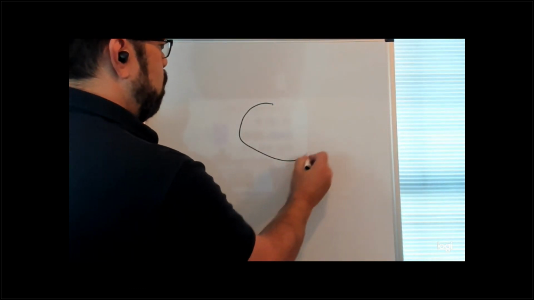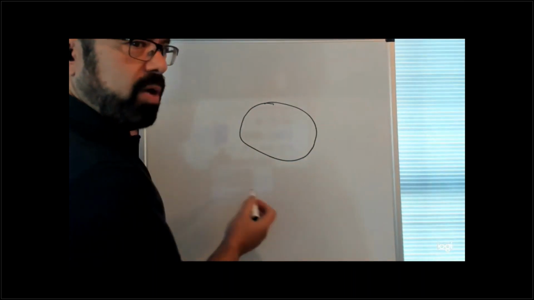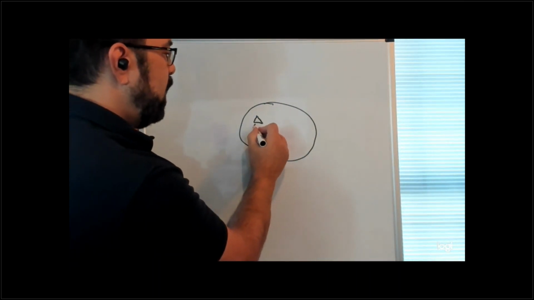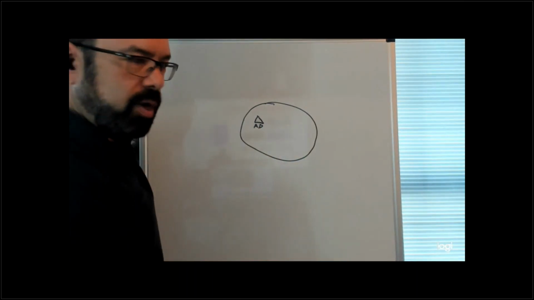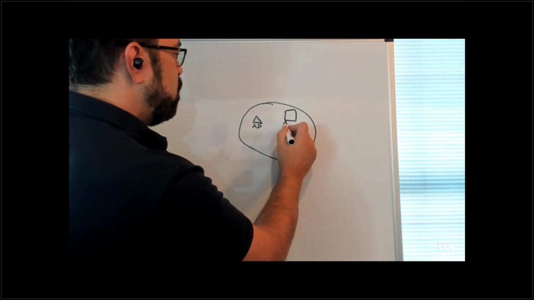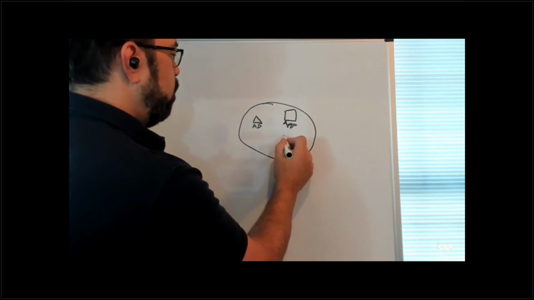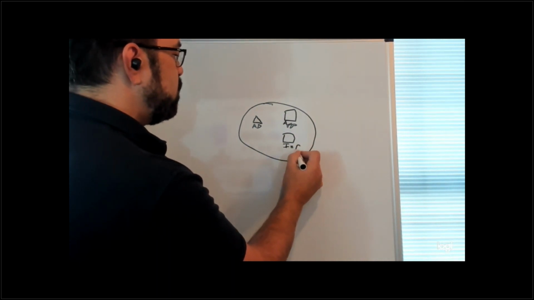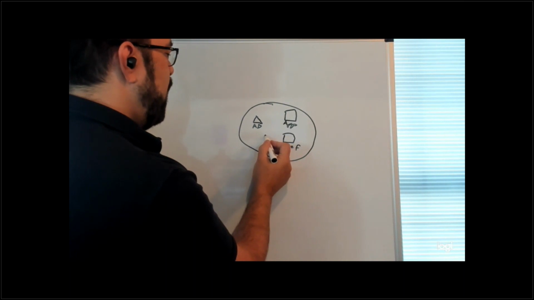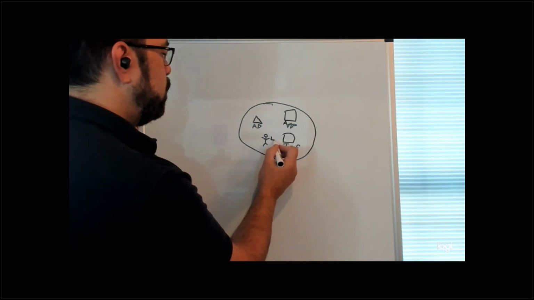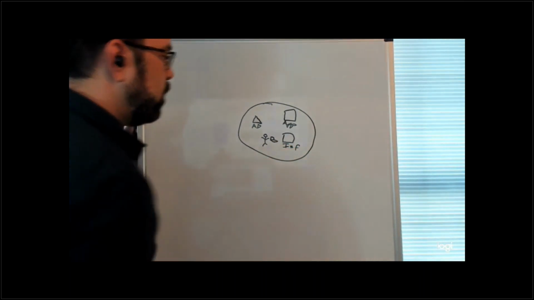So starting at the beginning, there was a time, once upon a time, when we had our on-prem network, and we would have AD, our directory, we would have an application server, we would have some other infrastructure servers and services, and we would have our person with their own computer.